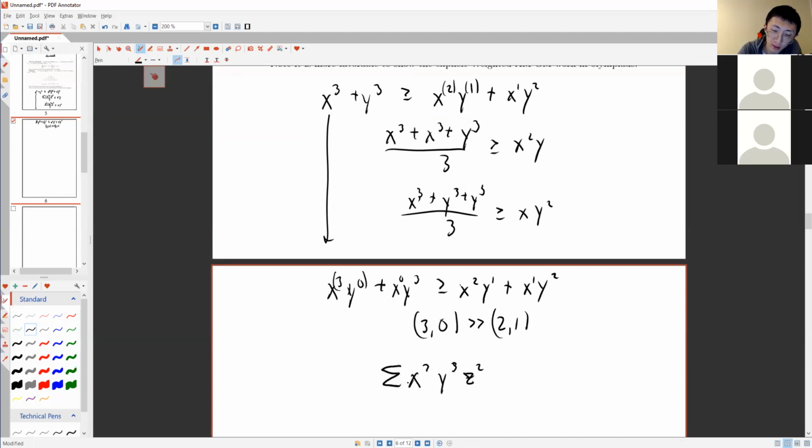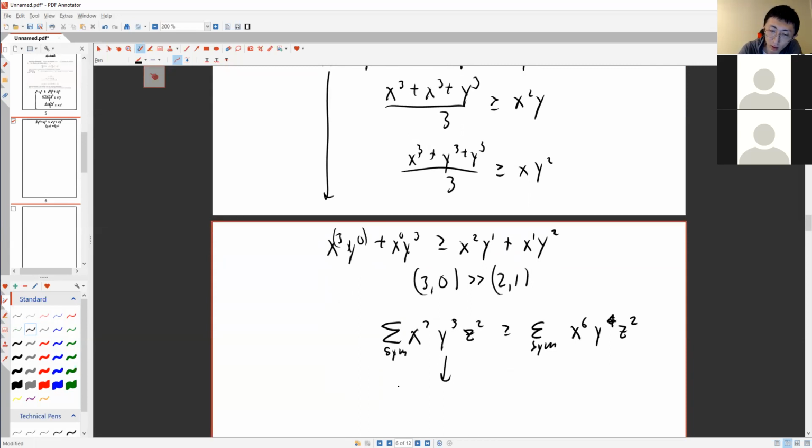So if we take the symmetric sum over this, is this bigger than the symmetric sum over, let's say, x to the 6th y to the 5th z? Oh, I think I made this up so that it doesn't work that well. So yeah, sure, let's change this to 4 and 2.